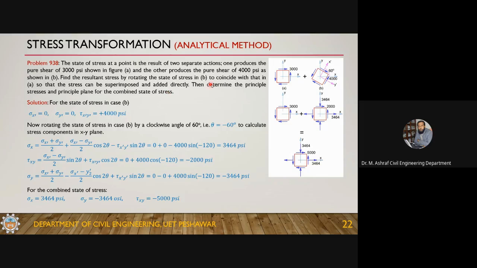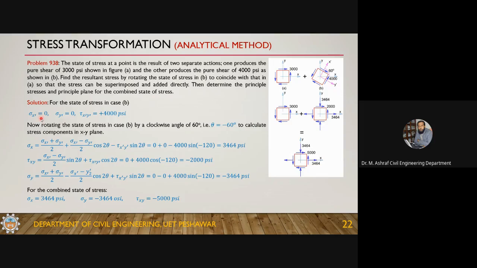The main objective is to determine the principal stresses and the principal planes for the combined state of stress. When you combine both actions, what will be the principal plane and the principal stresses? First, for the state of stress in case B, the prime quantities are now known to you.